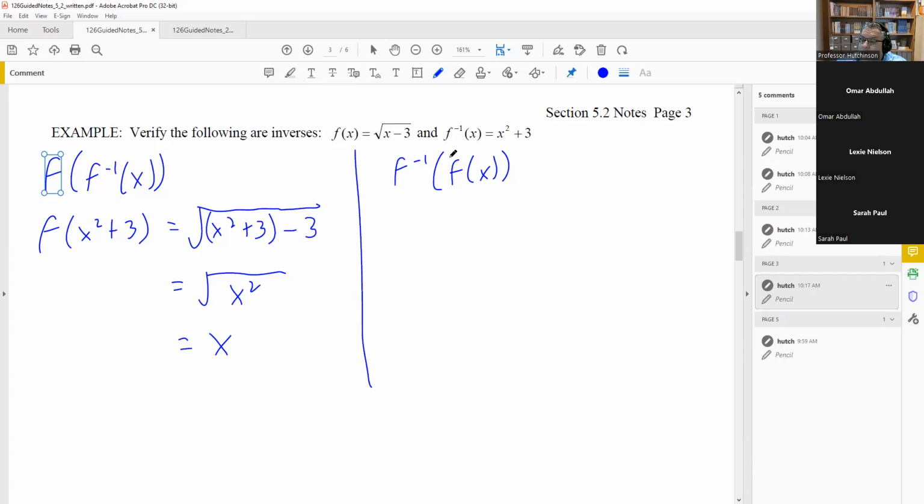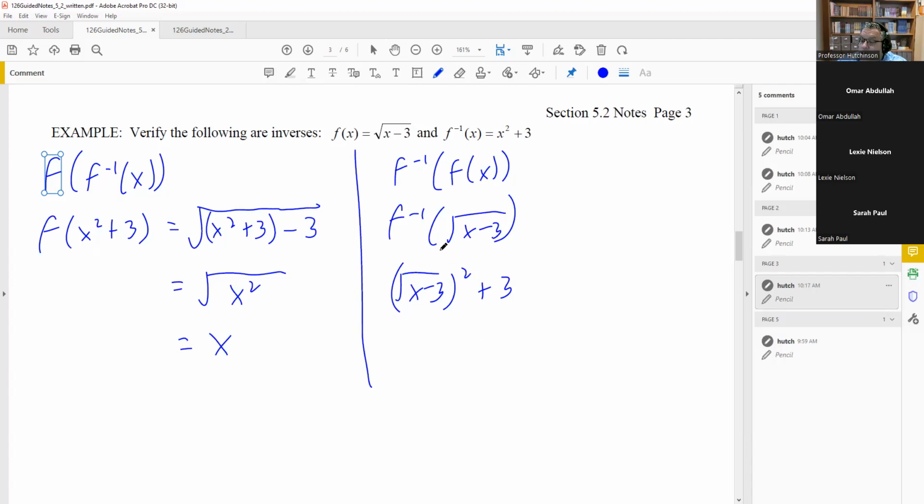On the other one over here, we have the inverse, and we're putting the square root inside of it. So we have the inverse with the square root of x minus 3, and we're going to put that into the original one: square root of x minus 3, squared, plus 3. So again, where the x was, we remove it and replace it with the square root inside there instead.